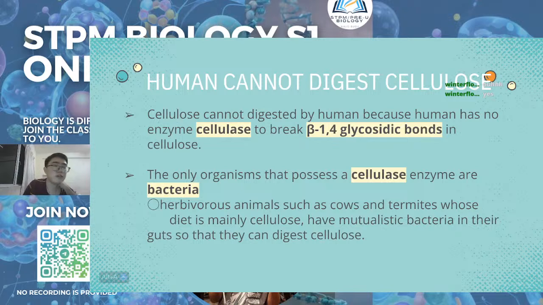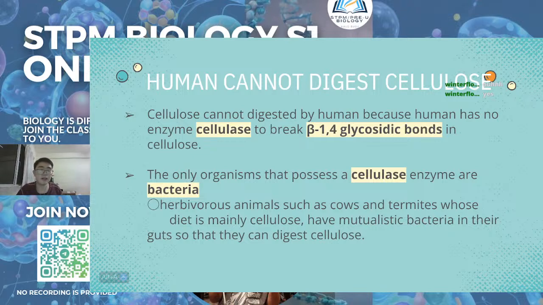Unless you break down the cell wall of the plant, we cannot get the full nutrients, because humans do not contain the cellulase enzyme to break the 1,4-glycosidic bond in cellulose. We don't have the cellulase enzyme, right?